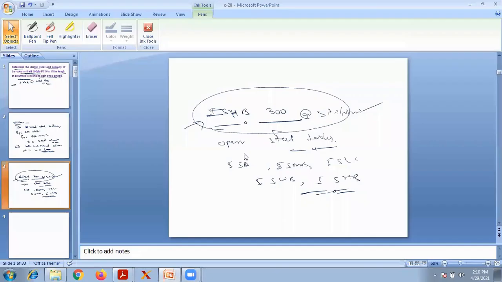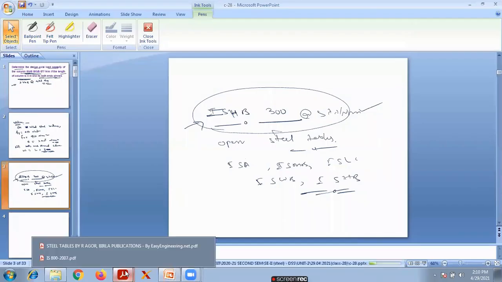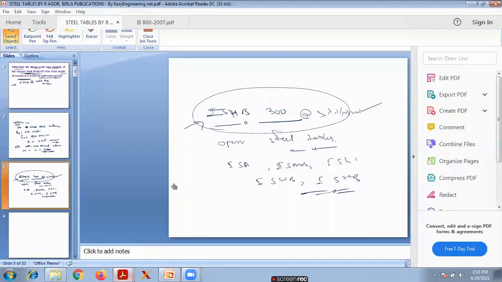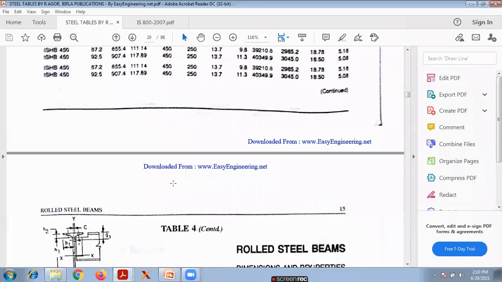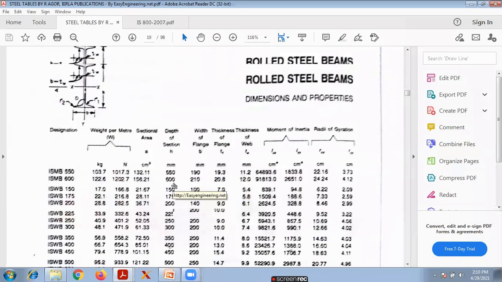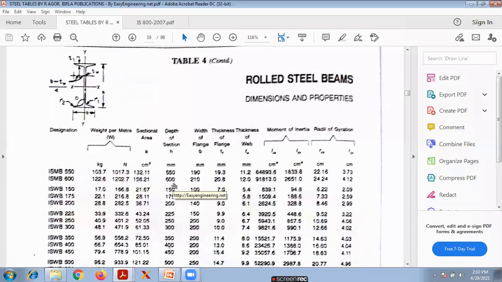Okay, the steel tables only that is available. So all of you open the steel table. In the page number 15, go to the page number 15. So it is showing, it is rolled steel beams, the dimensions and the properties. Here if you observe, this is the designation, weight per meter, sectional area, depth of the section, width of the flange, thickness of the flange, thickness of the web, moment of inertia, radius of gyration.